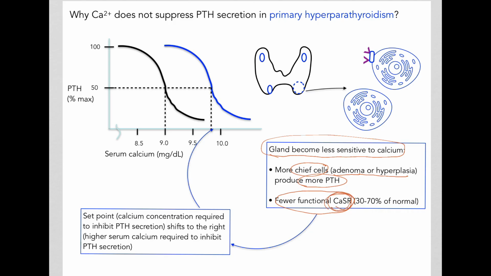These are the receptors that respond to calcium, typically 30 to 70% of normal values. So due to the decreased density of these calcium sensing receptors, these parathyroid glands become less sensitive to calcium in patients with primary hyperparathyroidism.